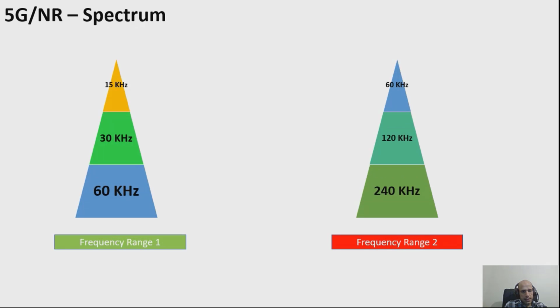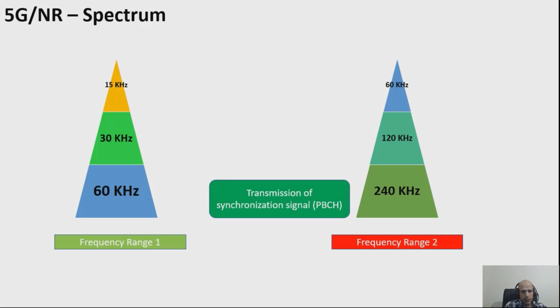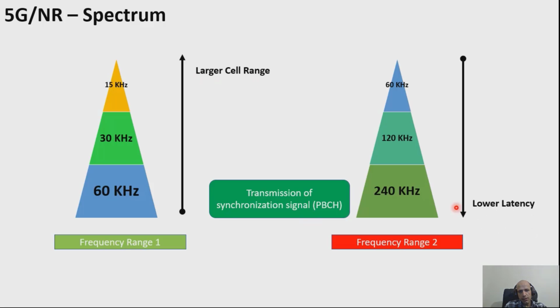Here I put the subcarrier spacings for frequency range 1 and frequency range 2, as you can see. 240 kHz is just used for transmission of the synchronization signal and PBCH. And when you are decreasing your subcarrier spacing, your cell range will increase, and vice versa. When you are using more subcarrier spacing, you will have lower latency.